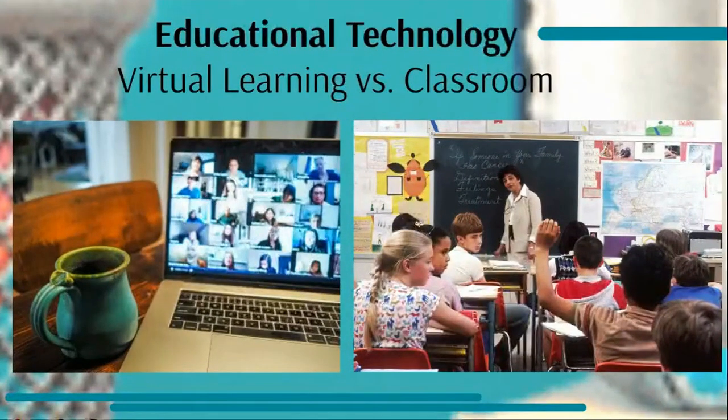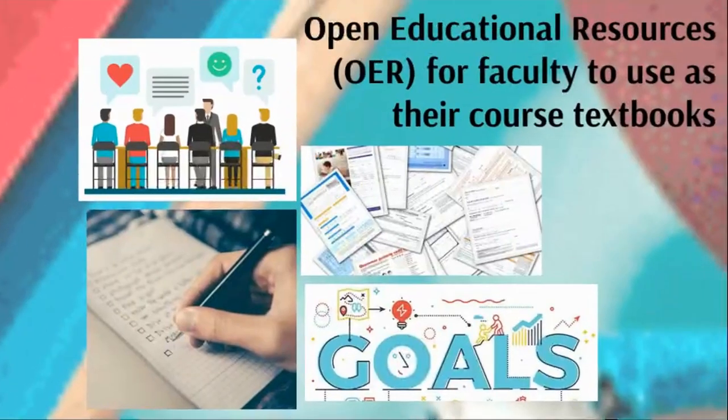HPT in educational technology includes virtual learning and various aspects of technology used in an educational classroom setting. The following examples emphasize HPT when educational technology is used in a traditional classroom or in-person campus setting. Esmera et al. conducted a study that used HPT to increase sustainability and faculty use of open educational resources in their courses.